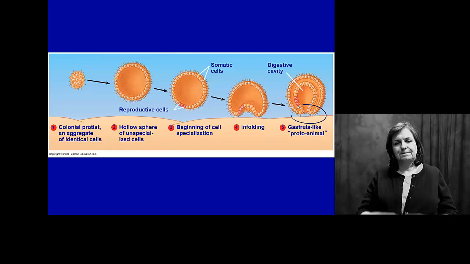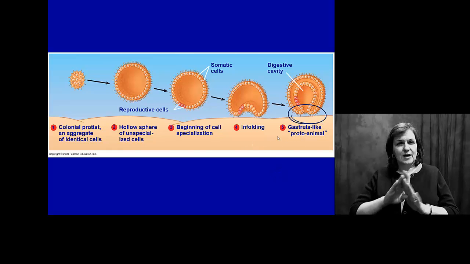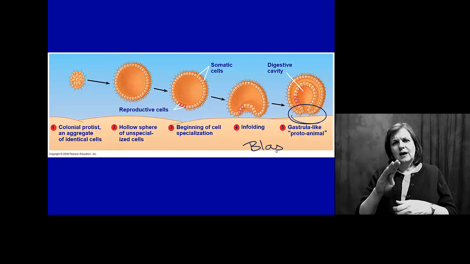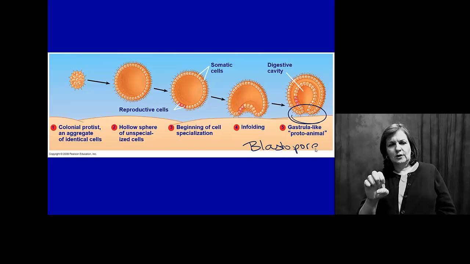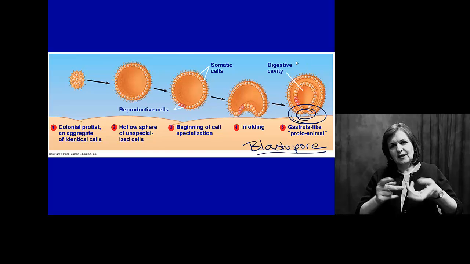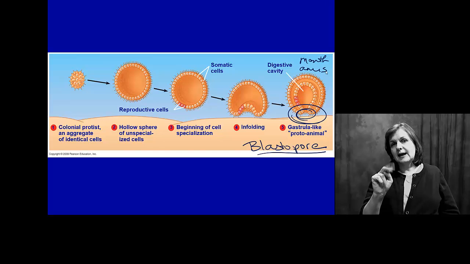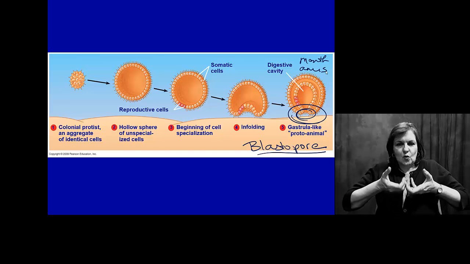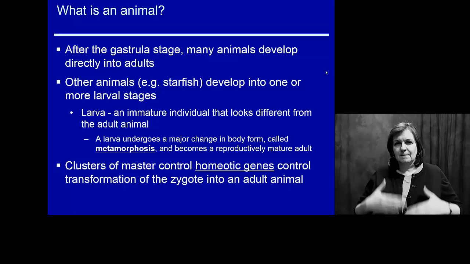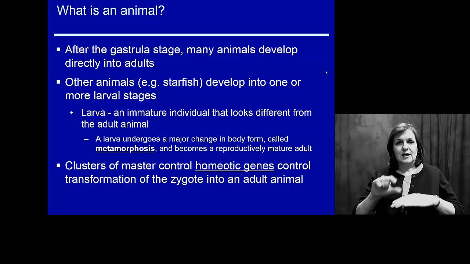What we focused on was the blastopore, that folding in spot, and whether or not that became mouth or anus. And we'll talk about that more later. But this folding in gives us these body layers, and that's critical for us in the development of different organ systems and layers to our body.